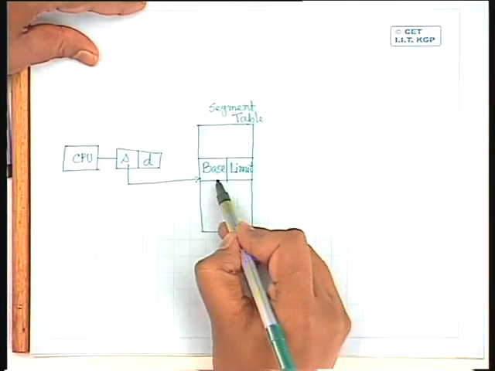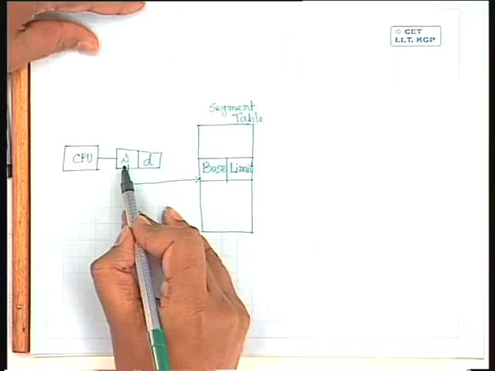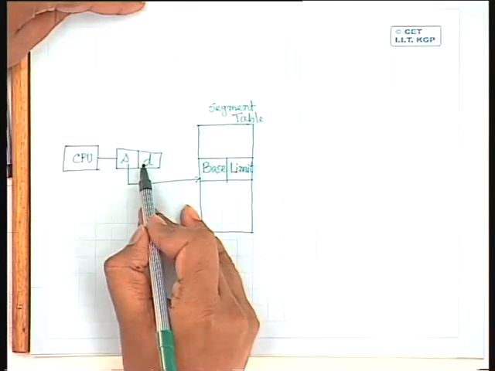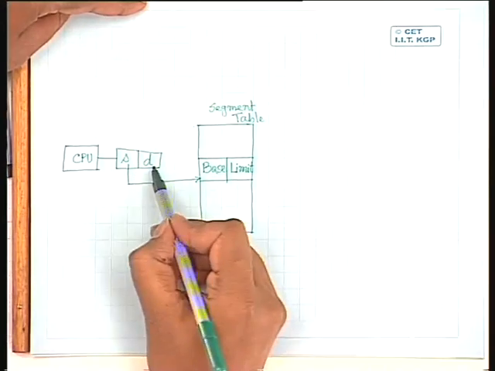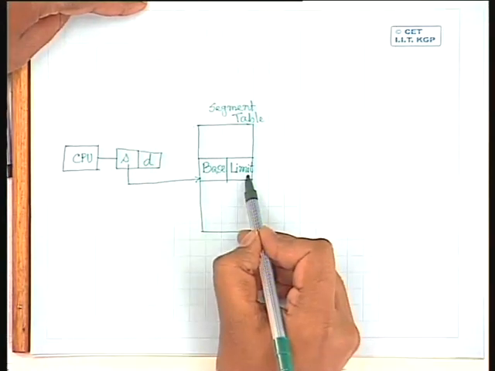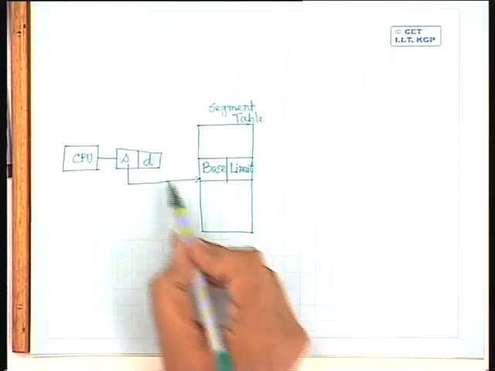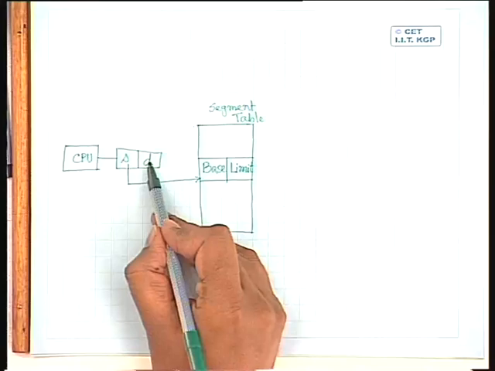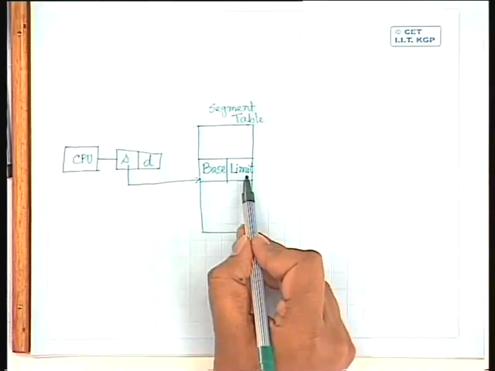The segment table gives me the base address and the limit of the segment. The CPU generated the segment number and offset within the segment for a particular instruction or a particular data. My limitation is this offset should not be more than limit, because limit is the length of that particular function. Whichever offset is generated, that must be less than this limit.